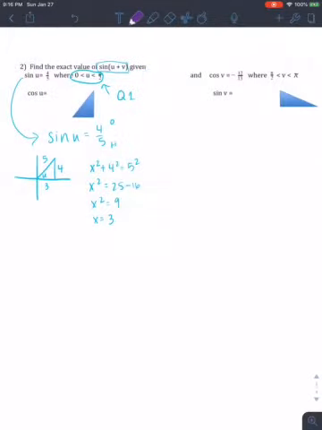So remember from trig, this 3 is equal to the cosine of u, and this is equal to the sine of u. But we have a problem because normally our hypotenuse is equal to 1.